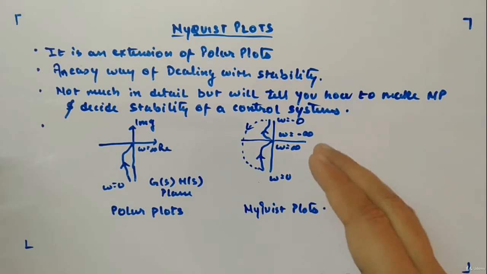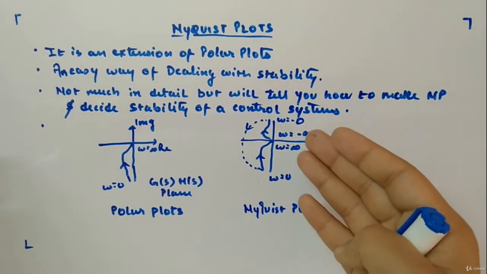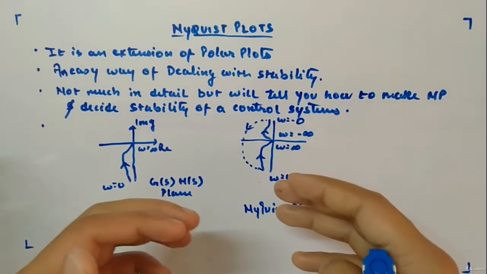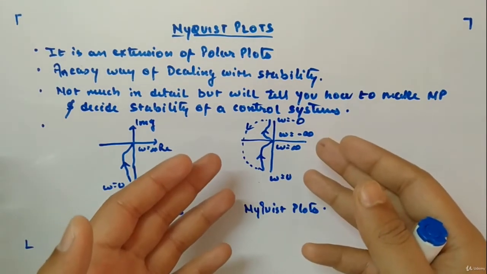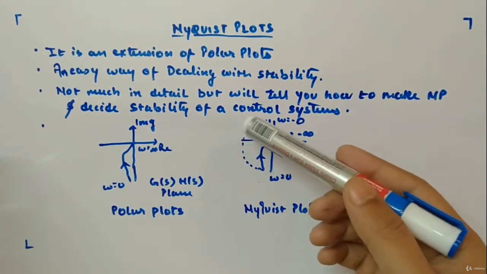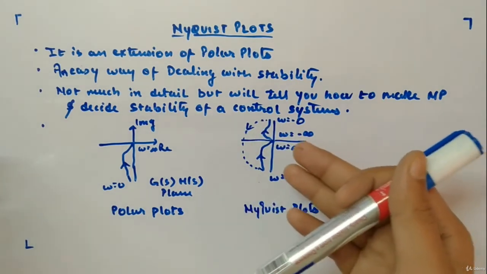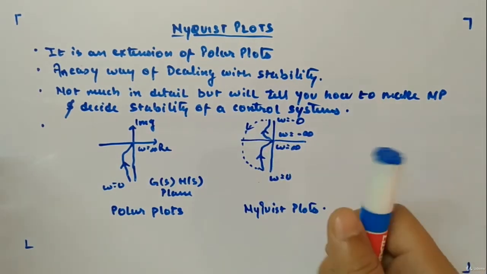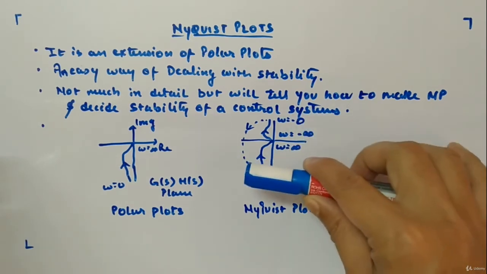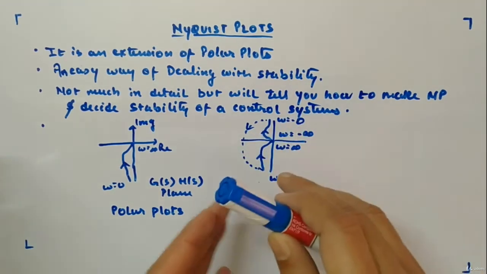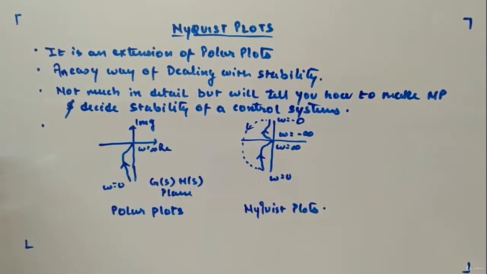In real life frequency cannot be negative, so it is just a representation. It does not actually exist. We are making this plot just to determine stability in an easier way. So don't think that there is a negative frequency. We are making this plot with the help of the polar plot.